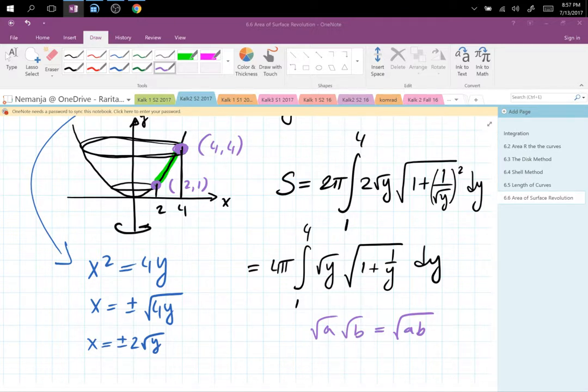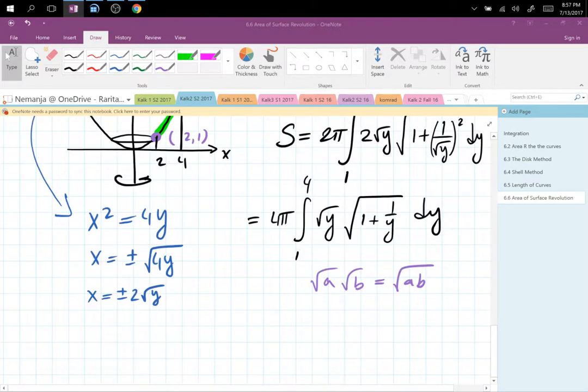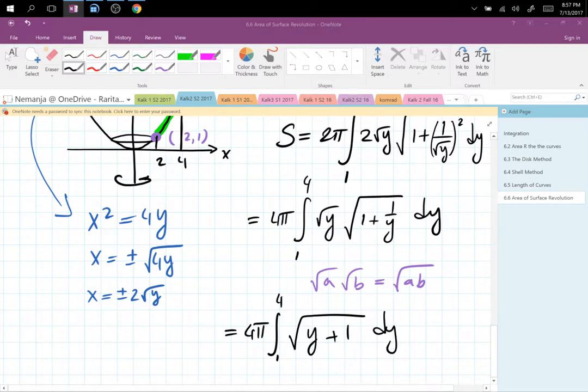The square root rule applies, which means that the first root y will multiply the second root, and that will simplify all of this greatly. So I have 4 pi integral 1 to 4 of the square root of y times 1 plus 1 over y, which is y plus 1, since y and y cancel, dy. We hit it with a u sub.